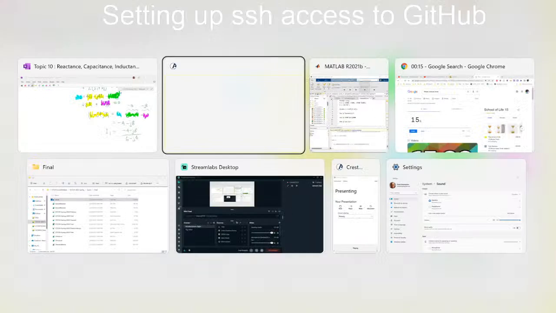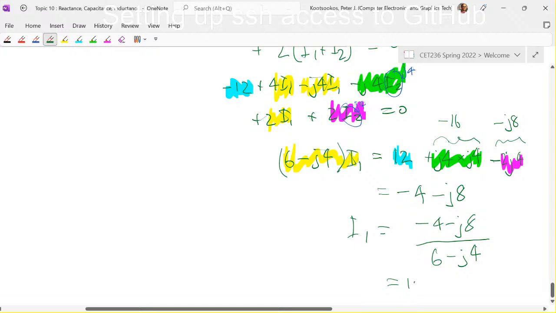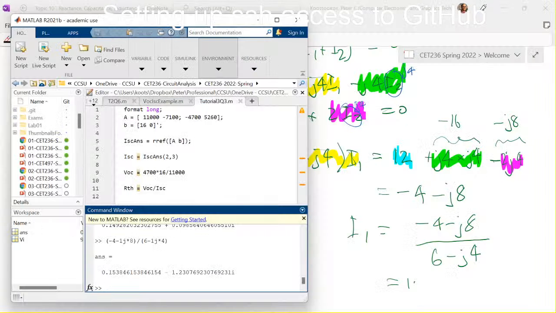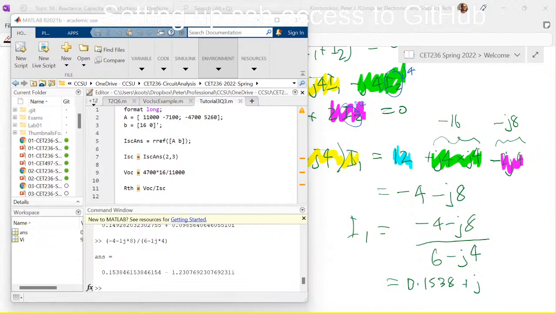And let's just, so minus 4 minus j8 divided by 6 minus j4. Right, so that's 0.1538 minus j1.231.